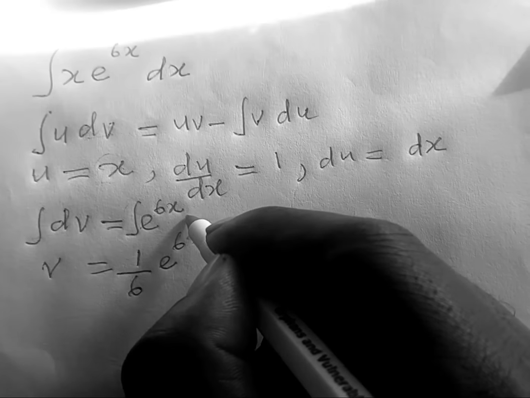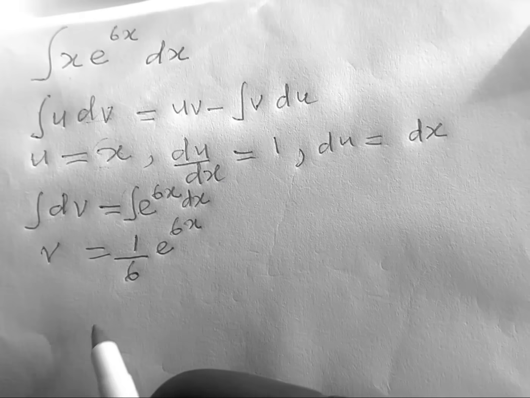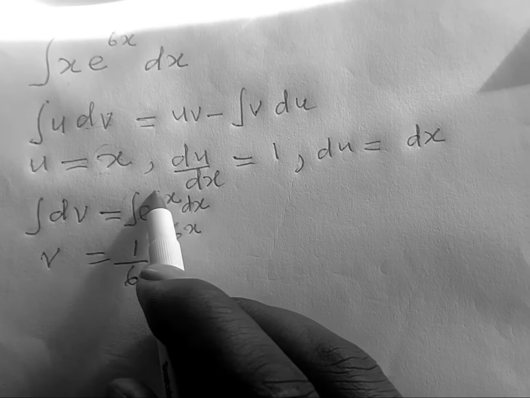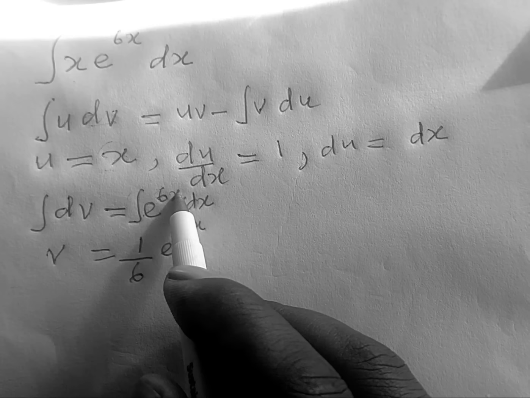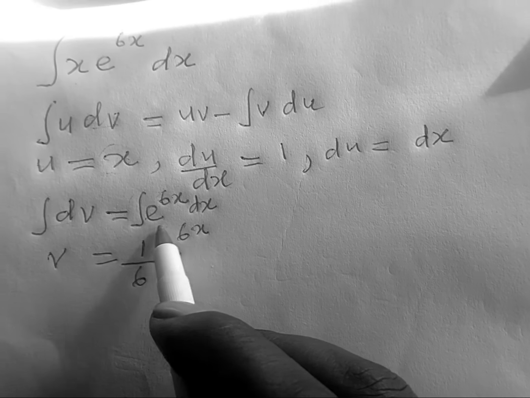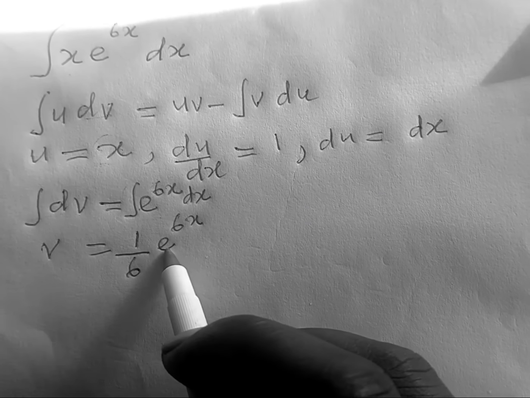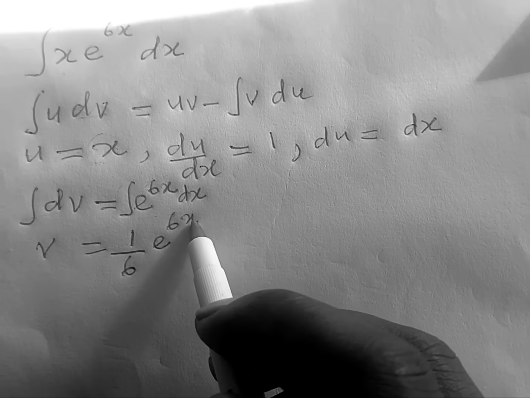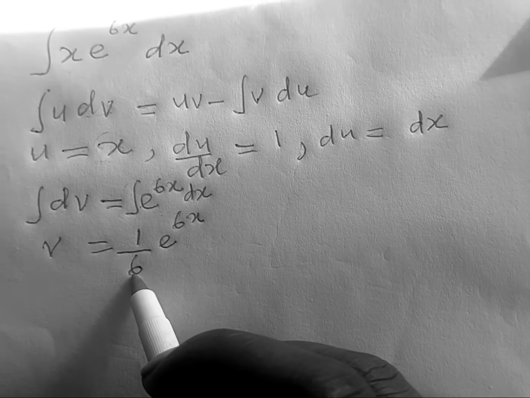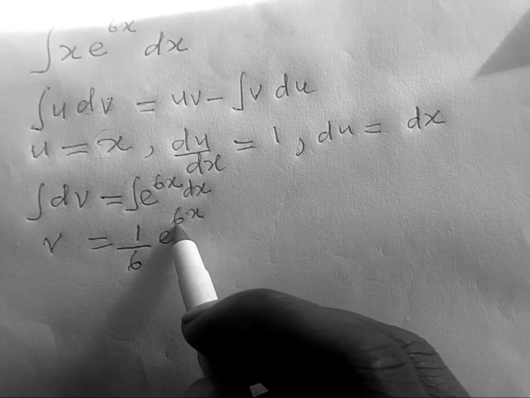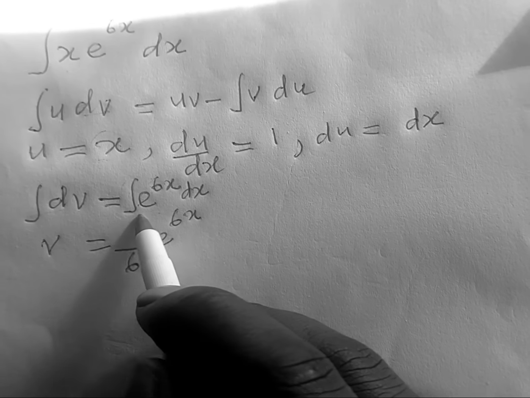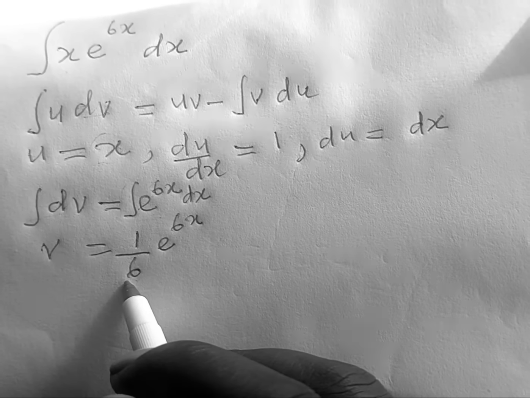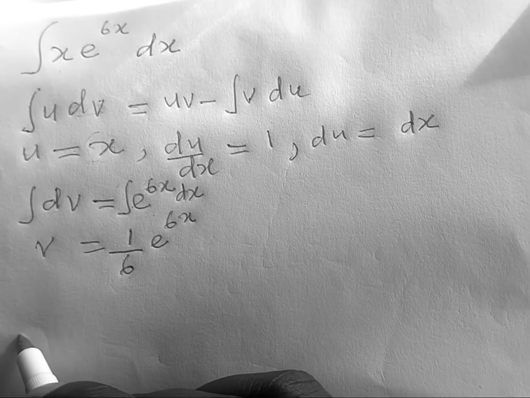When we are integrating this item, we differentiate the power. When we differentiate 6x, we get 6. Then we divide by that result to get 1 over 6 e to the power 6x. So this is v.